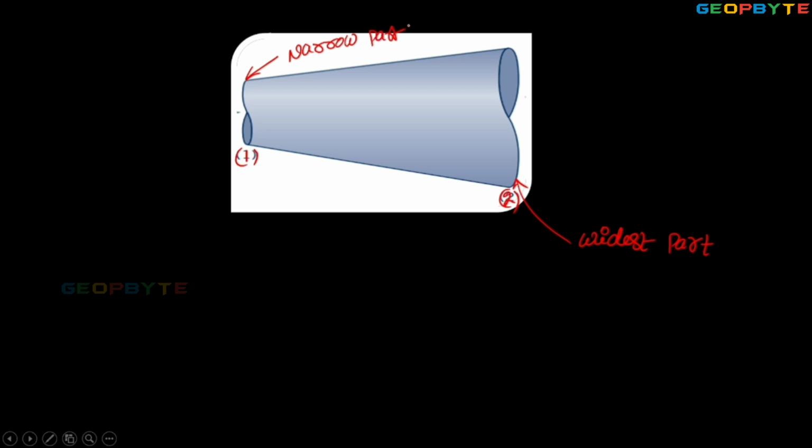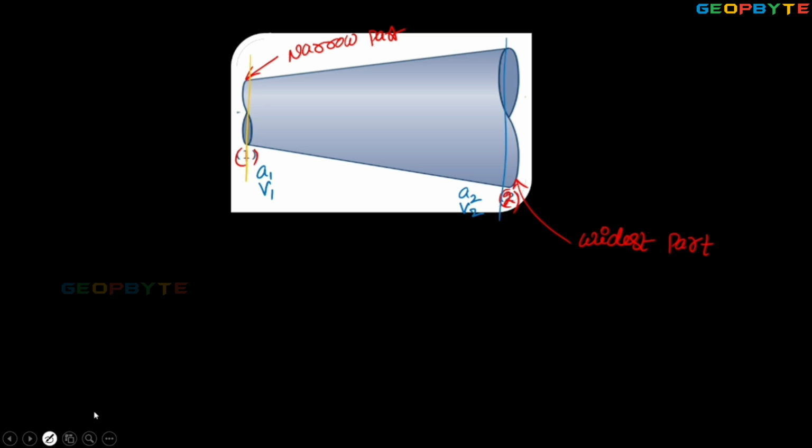Now at section 1, let the area be A1 and velocity be V1. Similarly, at section 2, area is A2 and velocity is V2.